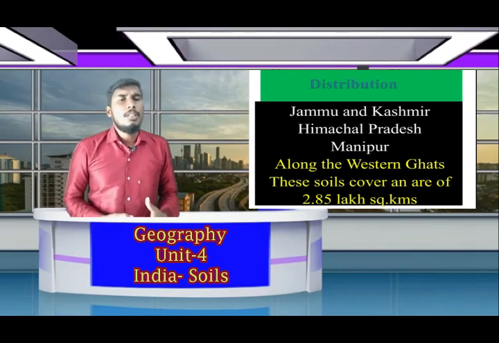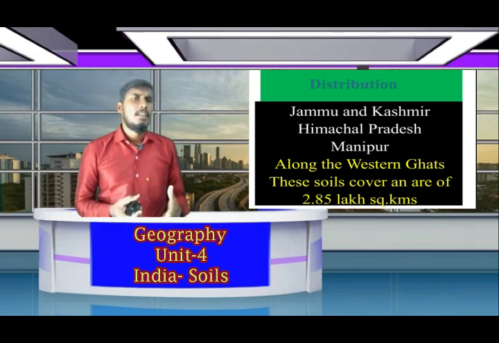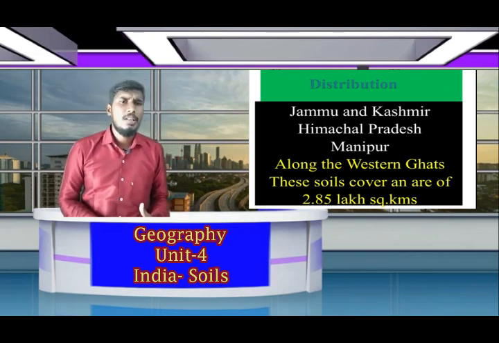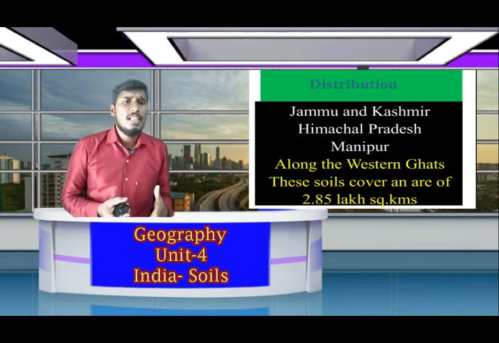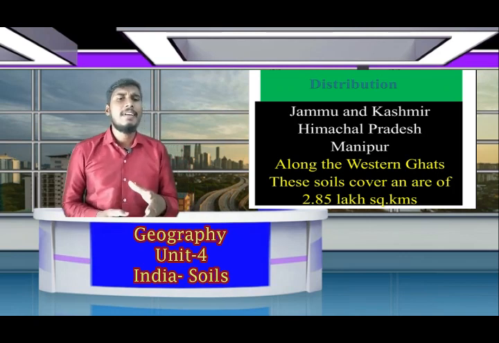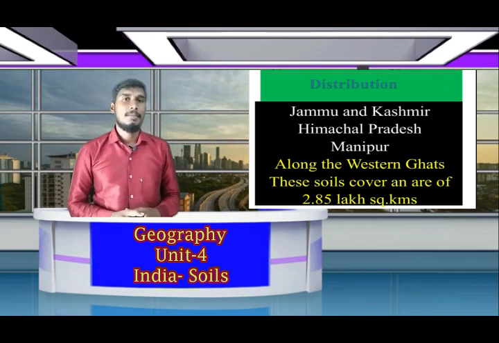And the distribution of the mountain soil can be seen across Jammu and Kashmir, Himachal Pradesh and Manipur. Along the Western Ghats, the soil covers an area of 2.85 lakh square kilometers.